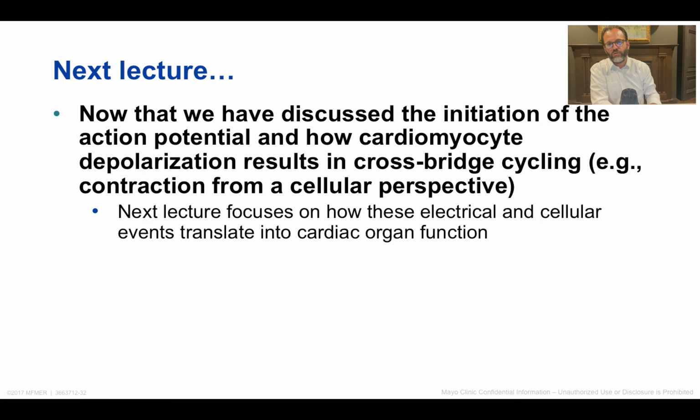So now, I think that for today, that's really what we wanted to cover, and so what we've discussed is how there's the initiation of the action potential, initiating initially at the point of the SA node, and how that ultimately results in an action potential that moves through the conduction system and cardiomyocytes within the ventricle.